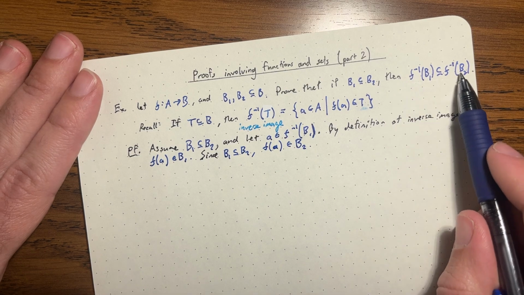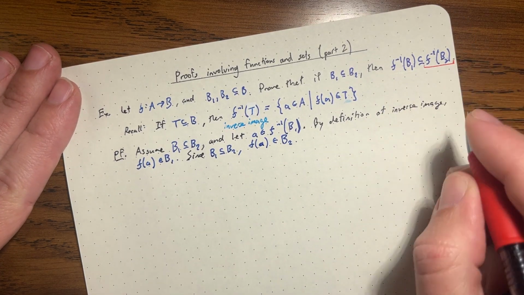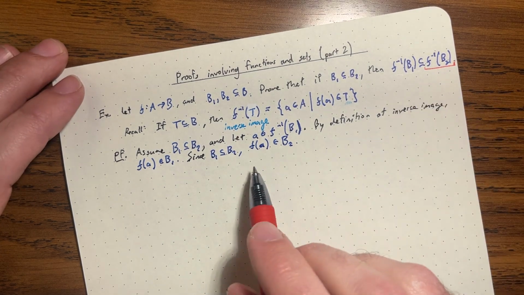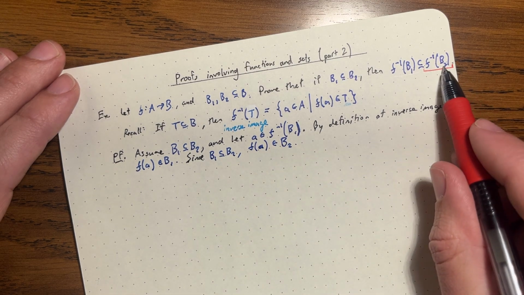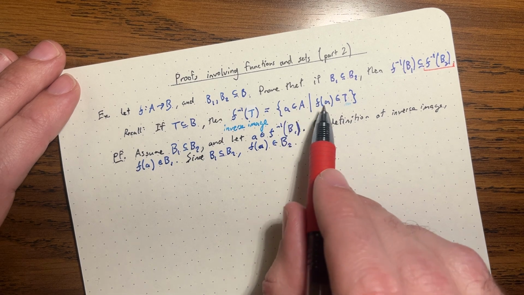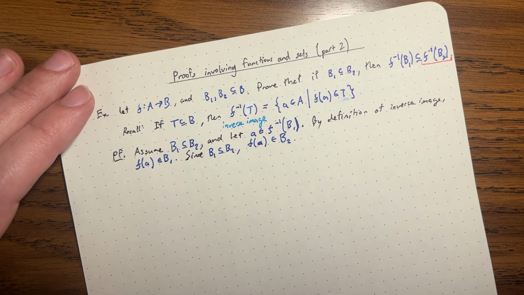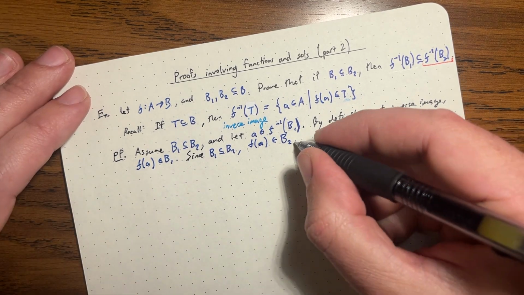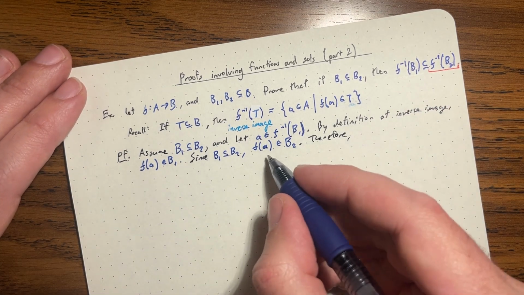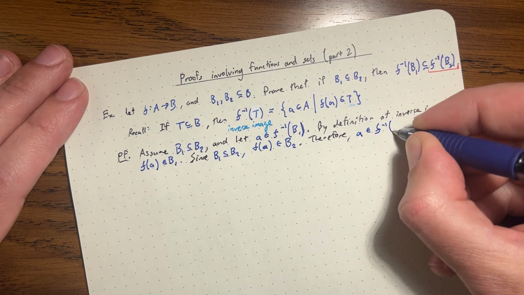But we're basically done. Because what does it mean to be in this set? It means that f of that element is in B2. That's what it means. f inverse of T is all the things in A such that f of a is in T. Well, we just proved f of a is in B2. So again, by definition of inverse image, therefore, this element a is in f inverse of B2.